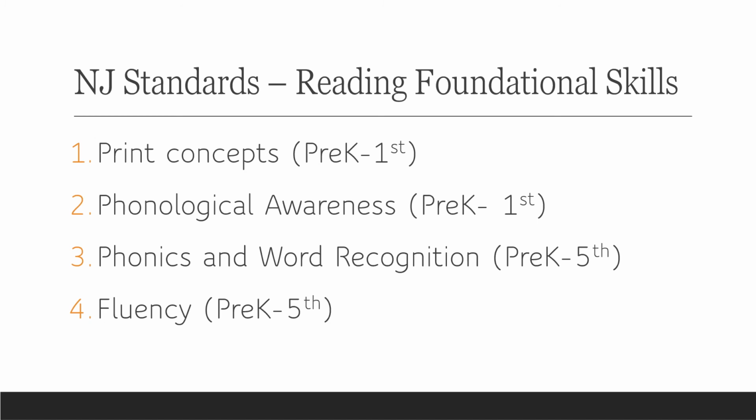So the print concepts are pre-K through first grade. So this is how print works, that we go from left to right, how we read books, et cetera, et cetera. Phonological awareness is pre-K through first grade. Phonics and word recognition is preschool all the way up through 5th grade, and fluency is preschool through 5th grade.